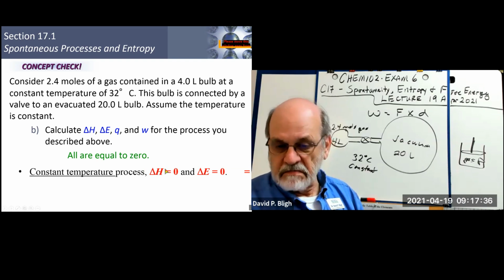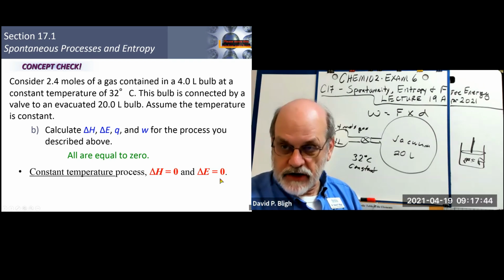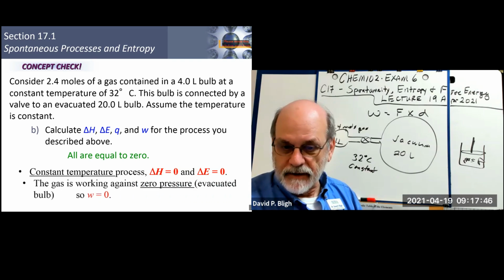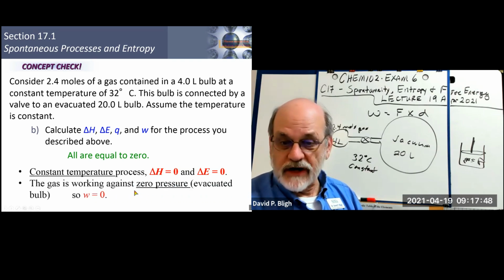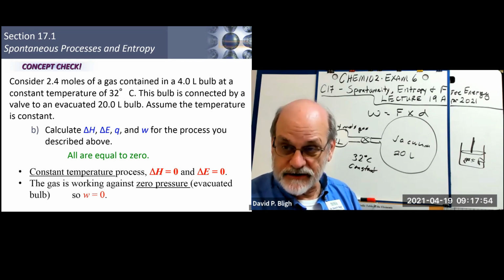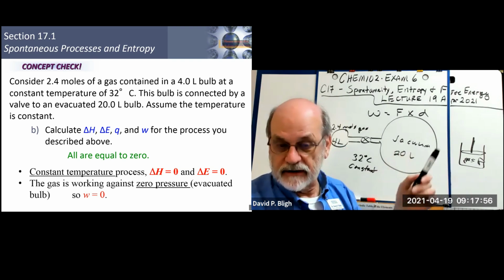Constant temperature, delta H is zero. Delta E is zero. All right, energy. You can't get any energy transfer without a change in temperature. Work. No work was done. The gas was moving against zero pressure into an evacuated cylinder, evacuated bulb.